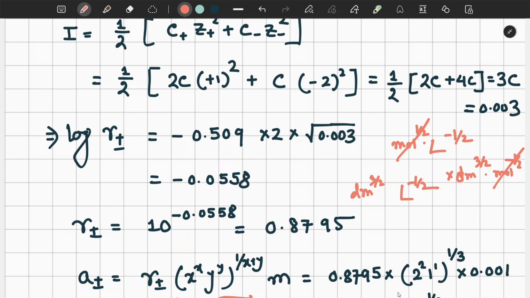What does it have? Ci Zi square. No, it's correct. It's liter to the power half. You get it?